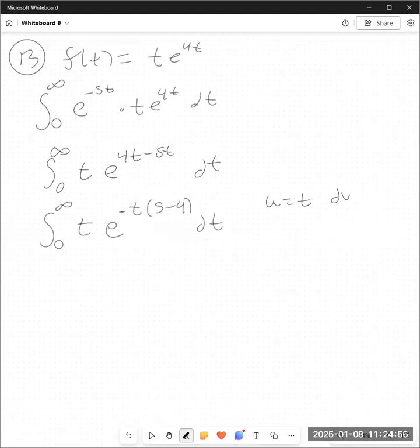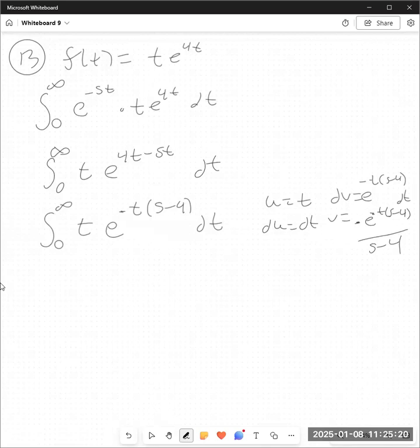u is t, dv is e to the negative t, s minus 4 dt, du is dt, v is going to be negative e to the negative t times s minus 4 over s minus 4.